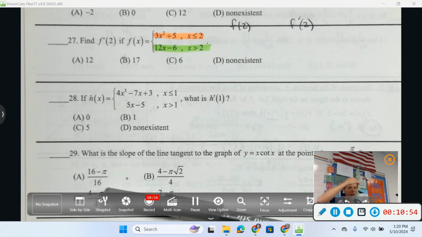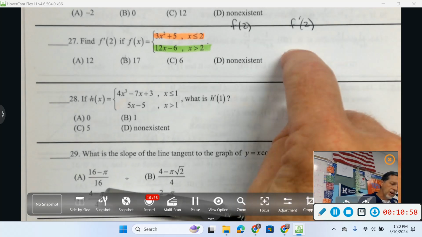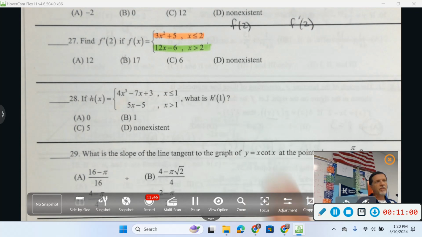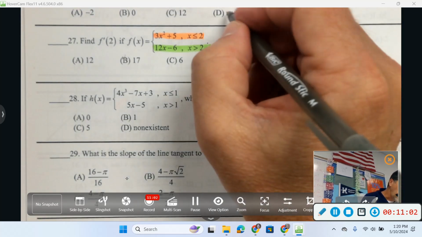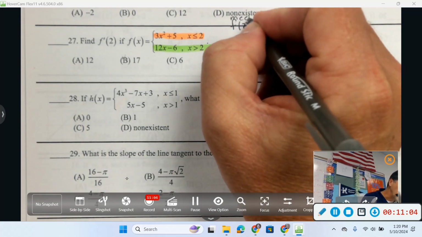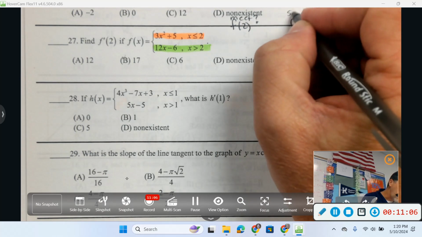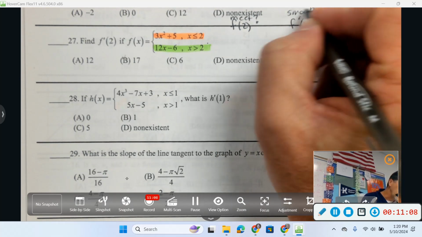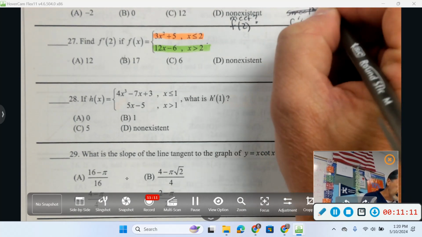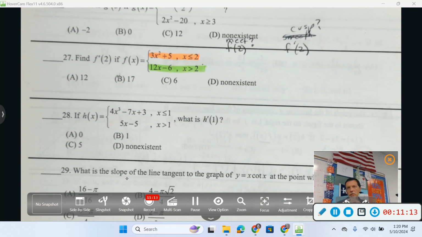Because if there's a jump there, then there's no derivative and we're done. And then if they do meet there, we'll have to check to see if they meet smoothly. So f of 2 will tell us, do they meet? F prime of 2 will tell us, I guess another way to say it would be, is there a cusp? If their slopes are different, then there's a sharp point.